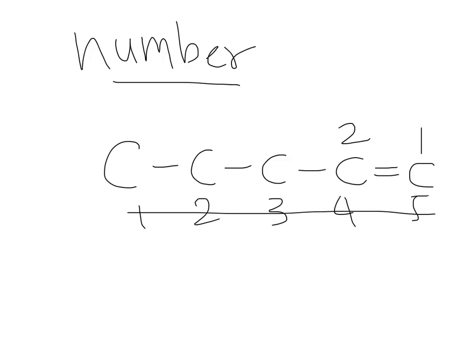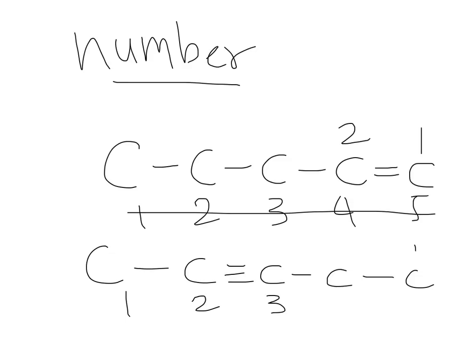This is not right. If you see an alkene that looks like this, this should be 1, 2, 3, not 1, 2, 3, 4. This is wrong. You begin at the end that is closer to the multiple bond.